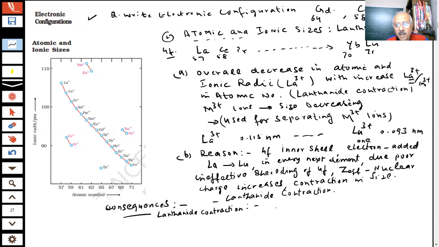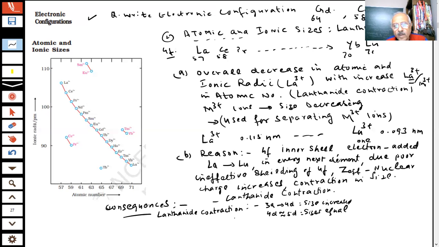You have already seen, because of the completely filled 4f, what happens when we discussed the three transition series, 3d to 4d? The size increased. But when we discuss 4d to 5d, the sizes were almost equal. Almost the same. So how do we explain that?